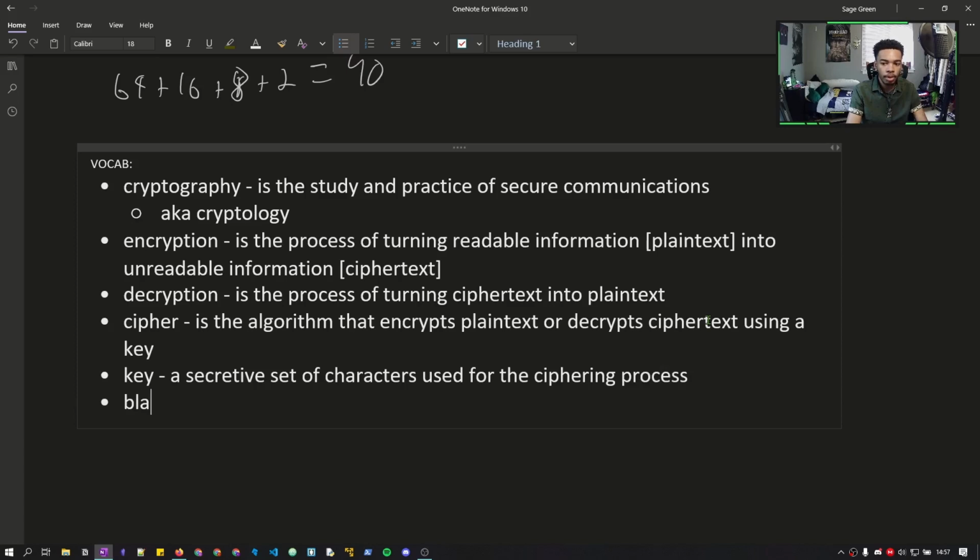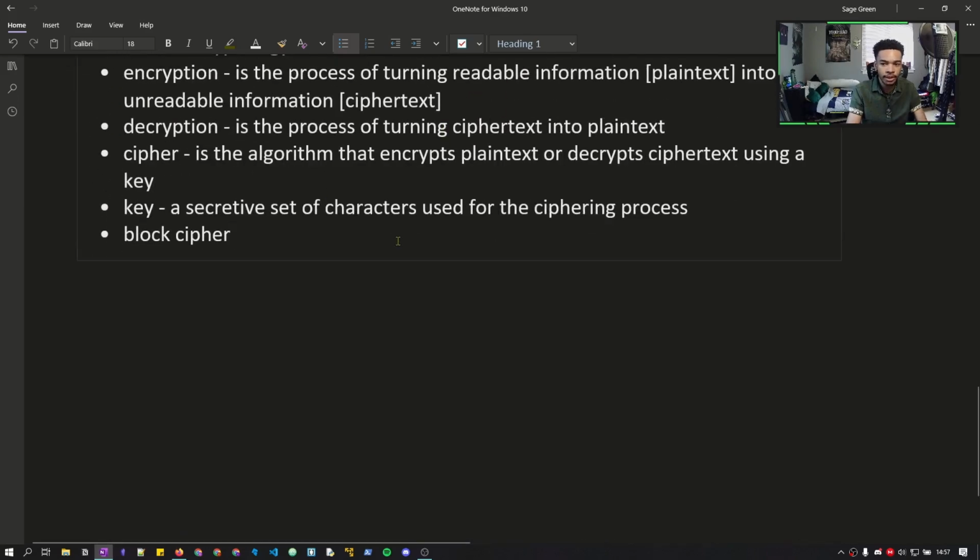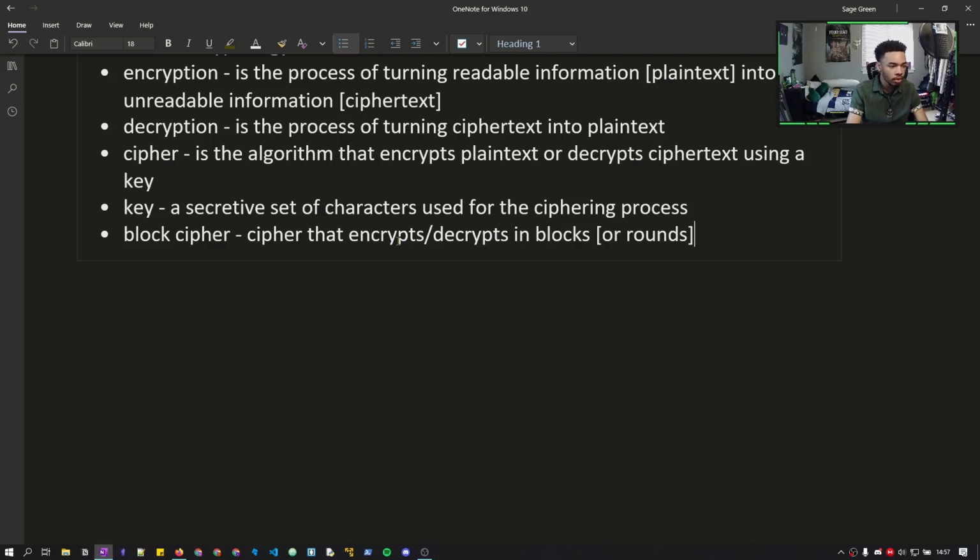Now, a block cipher, now this is important, or this is especially relevant to what we were talking about here about binary numbers and bits and bytes. So a block cipher is a cipher that encrypts, so it decrypts, in blocks, also referred to as rounds of bits.